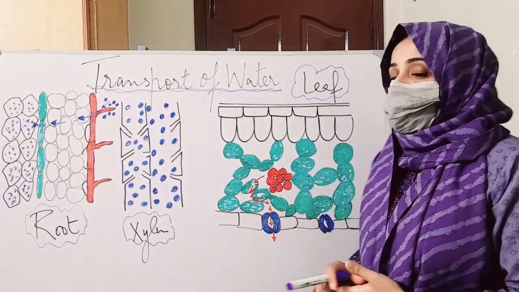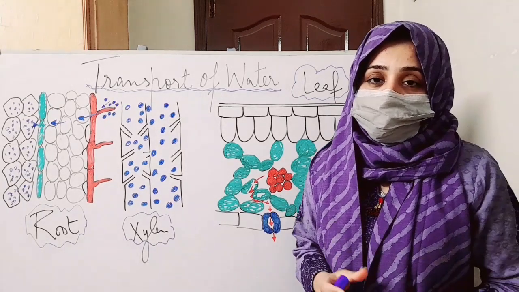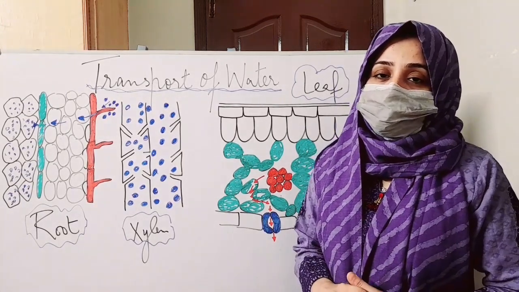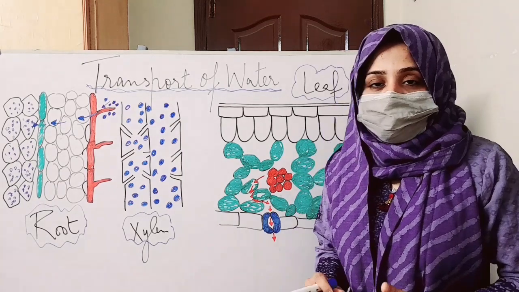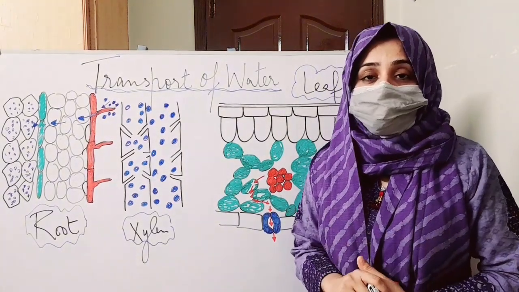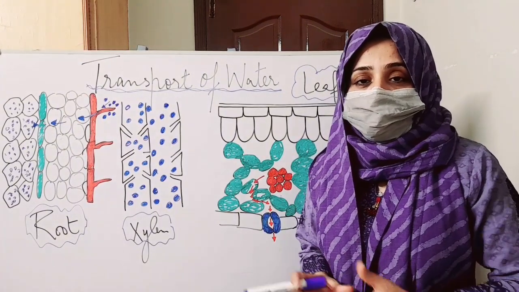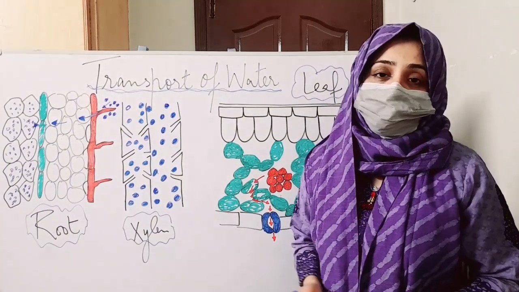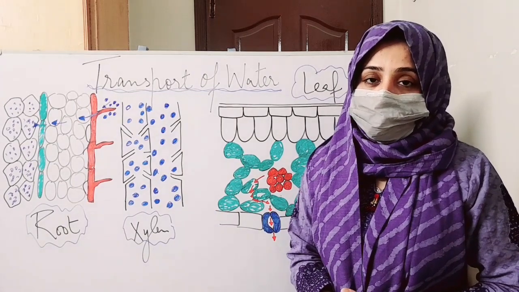In return, the water moves upward from the xylem tissue of the stem, and finally the xylem tissue of the stem obtains its water from the xylem tissue of the root. In this way, a tension is created that moves from the leaves all the way to the roots, and this tension is called transpirational pull.